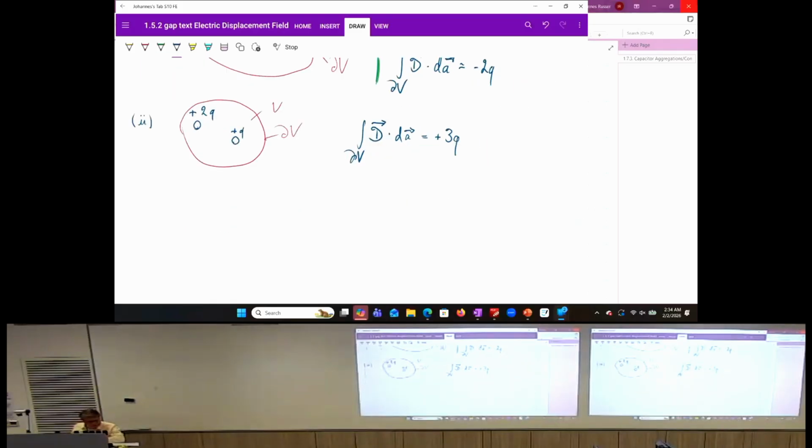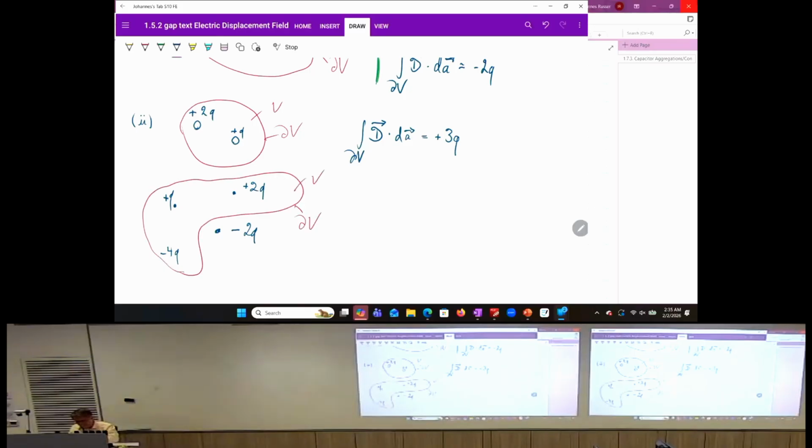Add some more charges here: plus q, plus 2q, minus 2q, minus 4q. So you can go here with arbitrary charges, and now we make this our control volume. So what we obtain is the integral over the displacement field, which is the sum of the charges inside the volume.